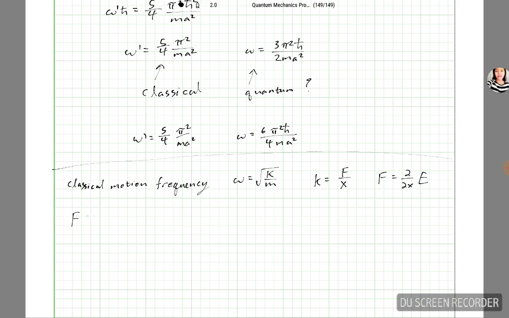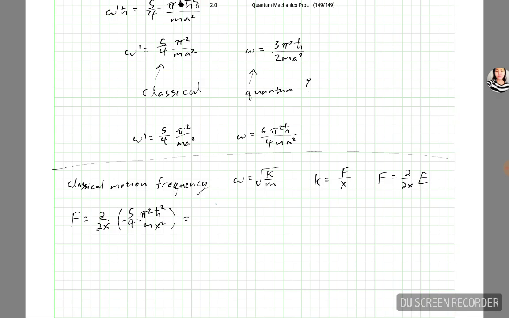So then I would find the force. So we have our energy, so I'm just gonna take the derivative of that, where I'm going to replace a with x squared.